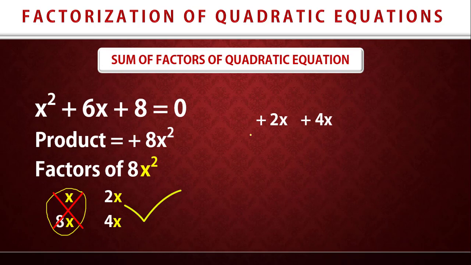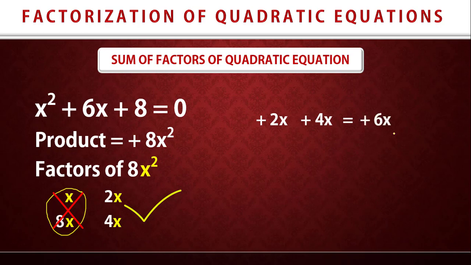Let's try to see that. Plus 2x plus 4x. You know that plus 2x means 2x. So 2x plus 4x, 2 plus 4 will give us 6, which is 6x. So we have plus 6x there.